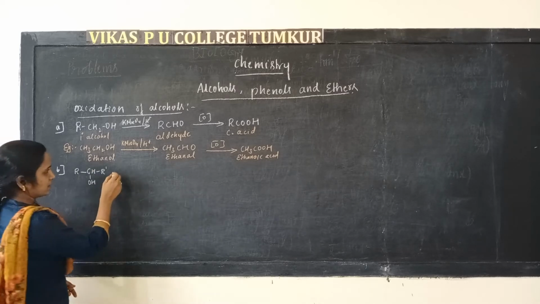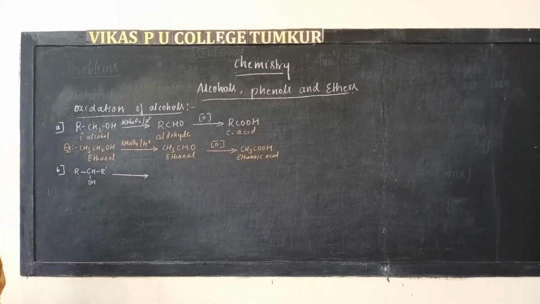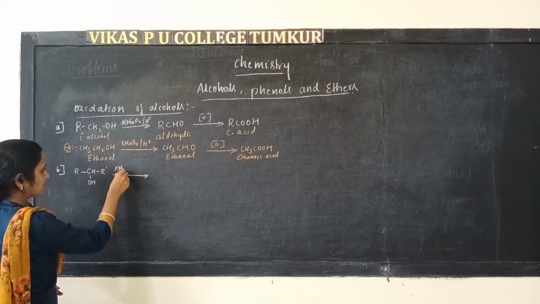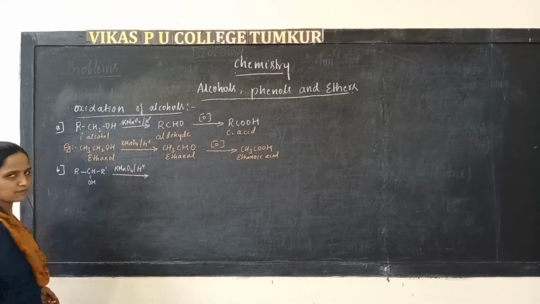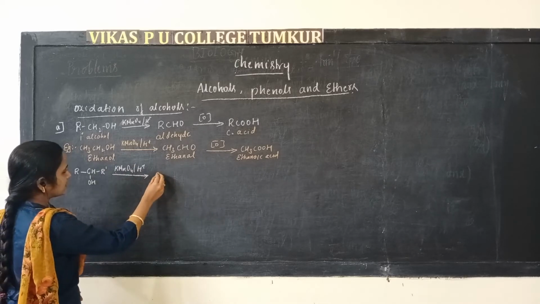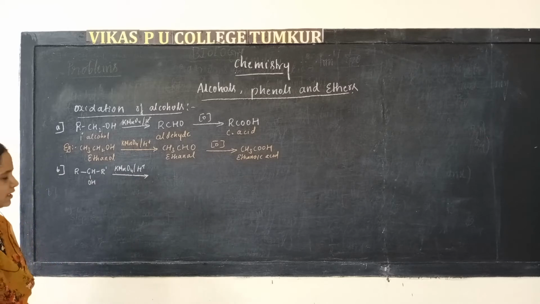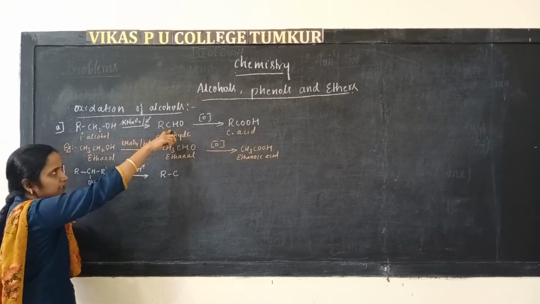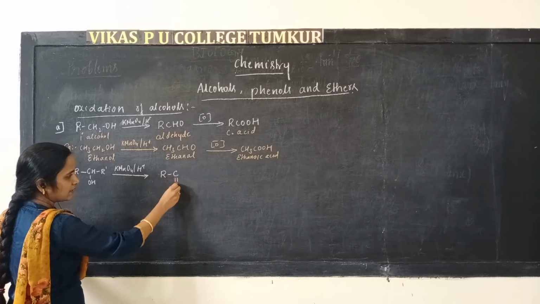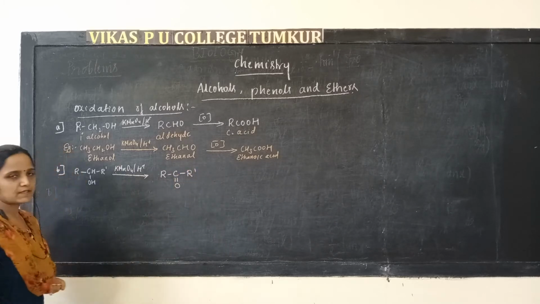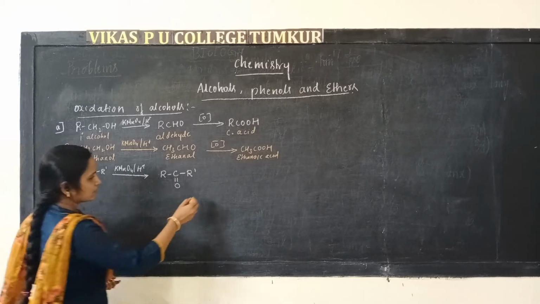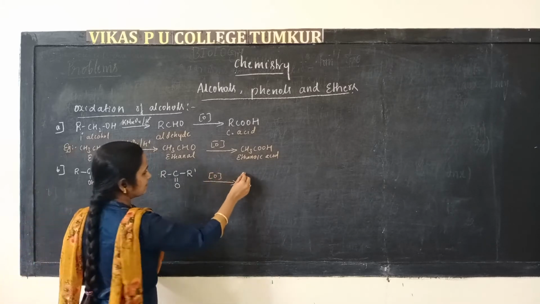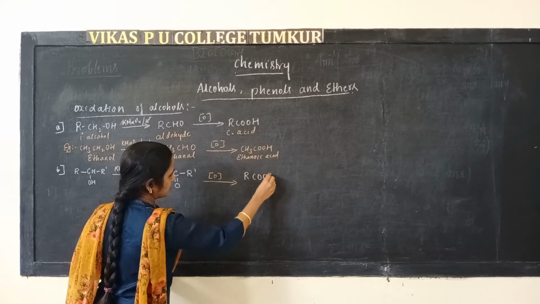This undergoes oxidation in the presence of acidified KMnO4 solution, and we get the respective ketone. On further oxidation, we get the carboxylic acid.